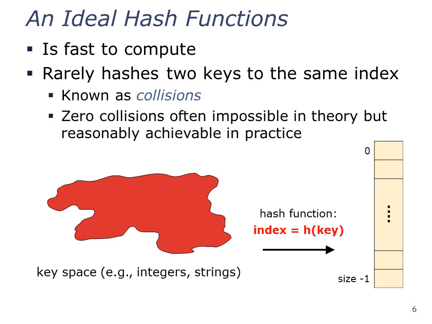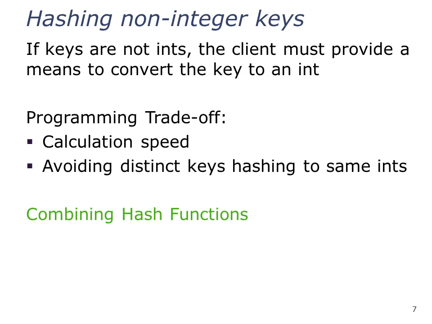But in real life or actual implementation, zero collision is often impossible, and that's why if a collision occurs, we need some methodology to resolve it. If the keys are integers, they can be mapped easily in a hash table.